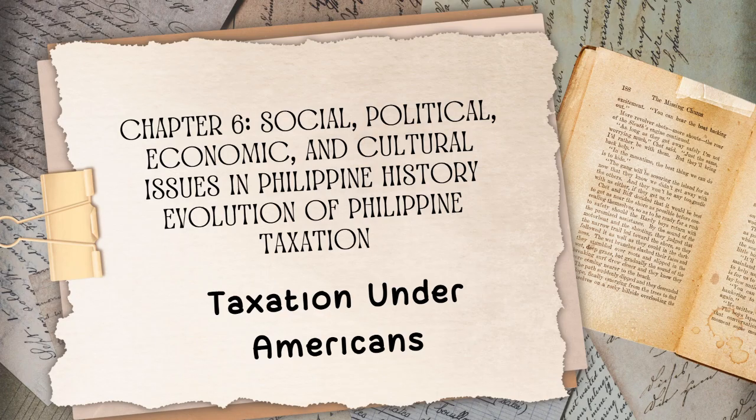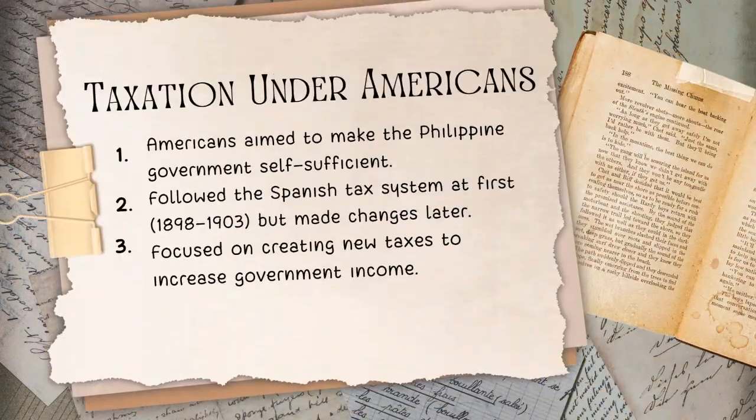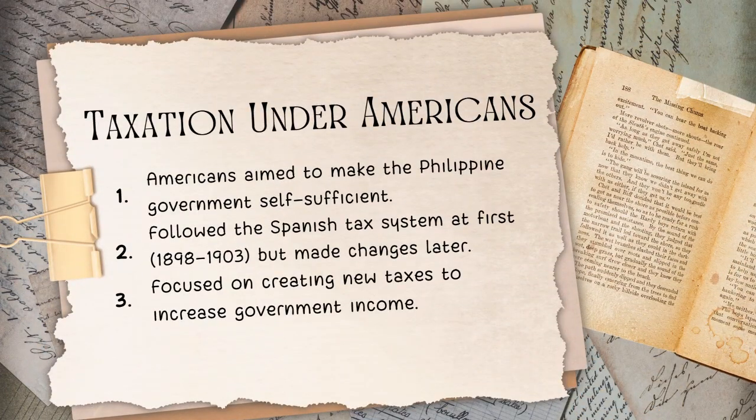Now, after the Americans successfully acquired the Philippines, or after they colonized the Philippines, they aimed to establish a self-sufficient colonial government with minimal financial support from the U.S. Treasury.